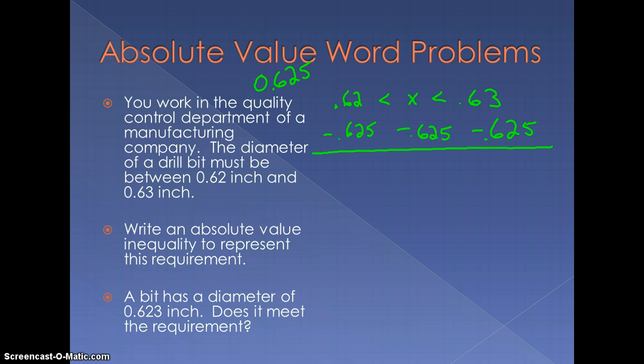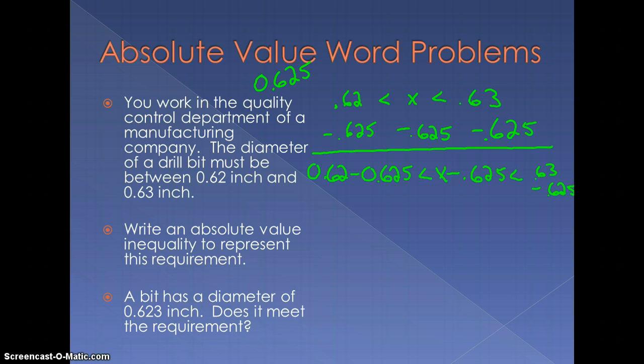So this ends up being 0.62 minus 0.625 is less than x minus 0.625 is less than 0.63 minus 0.625.